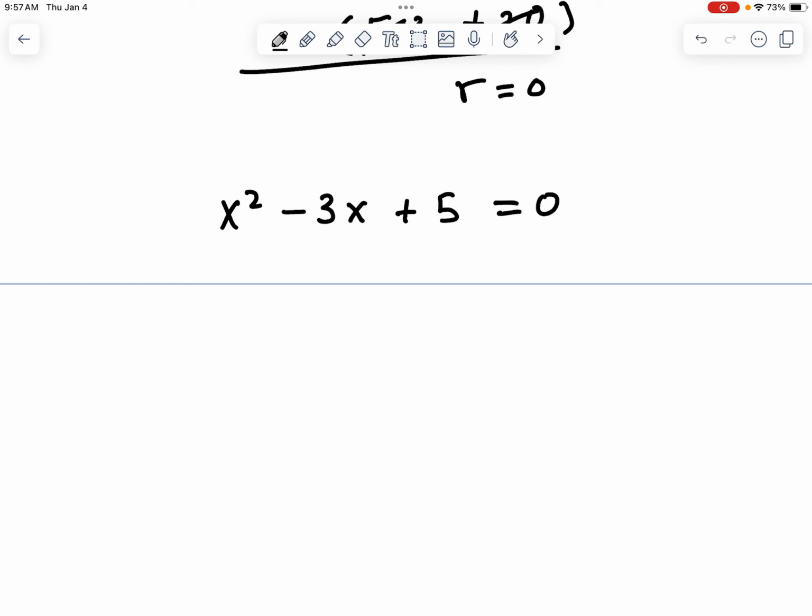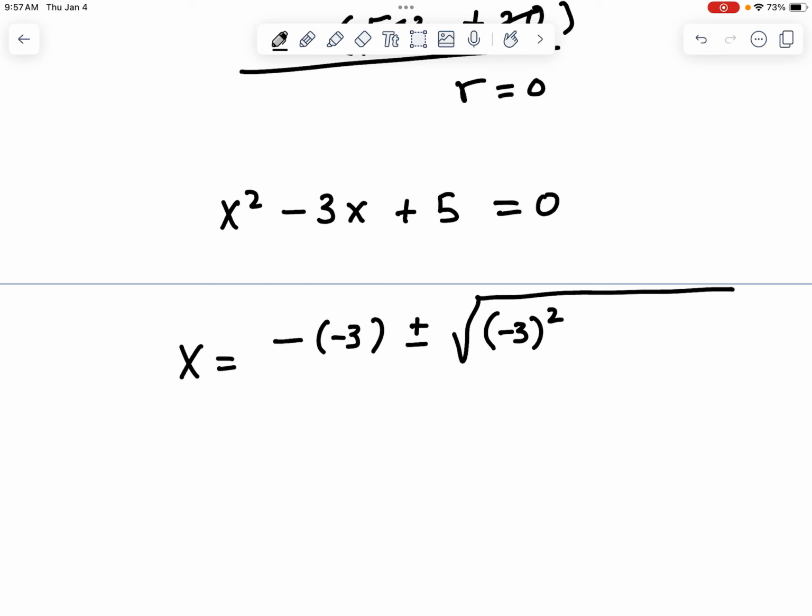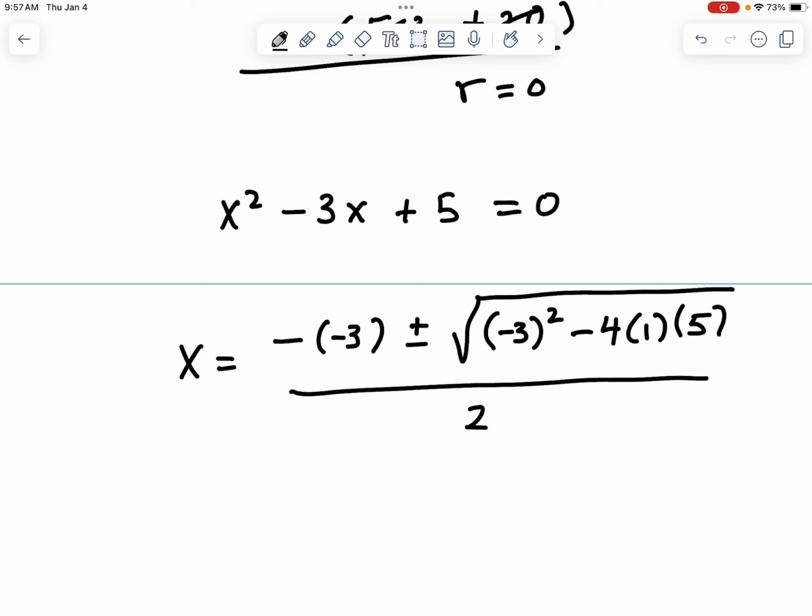So using the quadratic formula, it's going to be negative b plus or minus the square root of b squared minus 4 times a, which is 1, times c, which is 5, and the whole thing is divided by 2 times a.